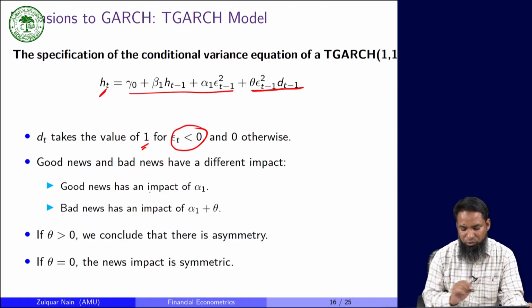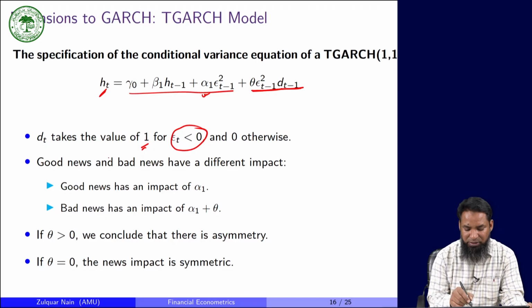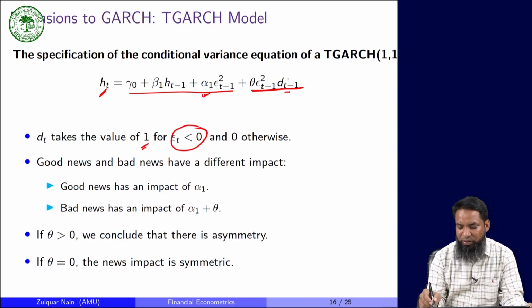Good news has an impact through alpha 1, and bad news has an impact of alpha 1 plus theta. Why? Because only when epsilon_t is less than 0 is d_t equal to 1, otherwise it is 0. Then this whole term becomes 0 when we have a positive change. However, this term becomes 1 when we have a negative change in epsilon.